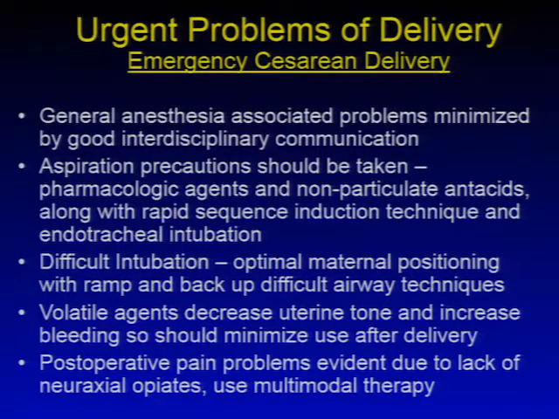Post-operative pain problems also become evident due to the lack of neuraxial opiates in women who undergo general anesthesia solely for cesarean section anesthesia, and thought may be given to utilizing multimodal therapy with some of the NSAIDs and other agents.